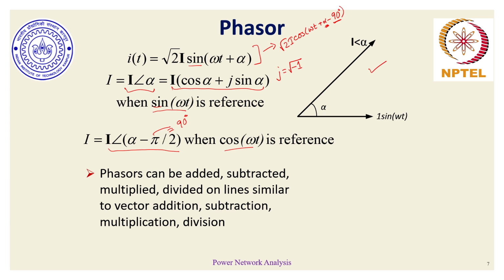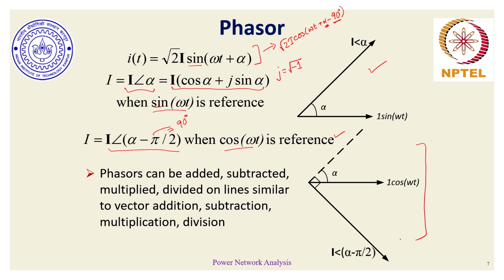And if we now redraw this phasor with cos omega t as reference, it would look something like this. Cos omega t leads the corresponding phasor marked over here. Similar to vectors, which can be added, subtracted, multiplied and divided, phasors can also have similar operations.